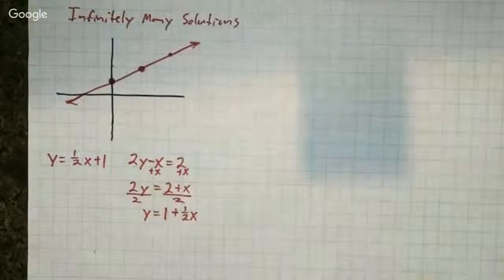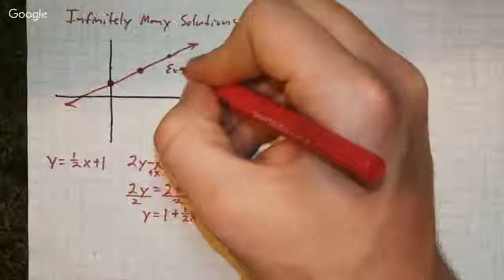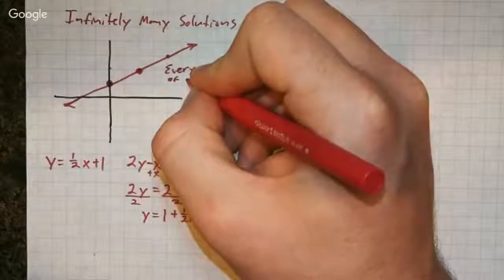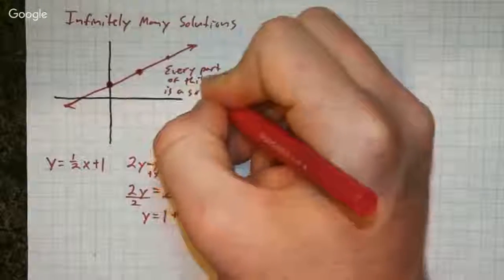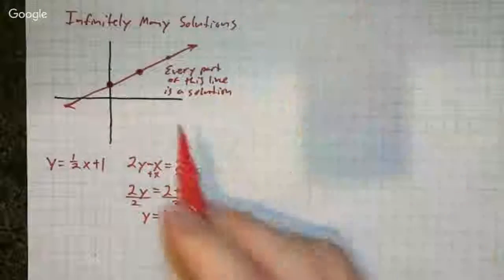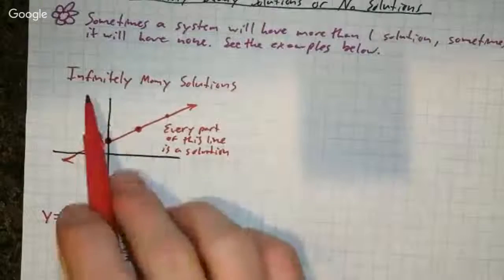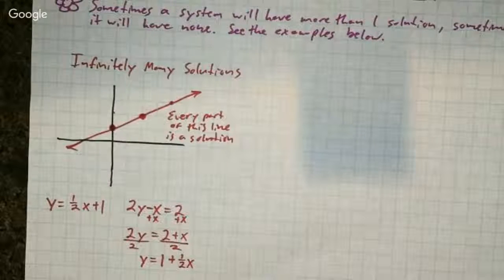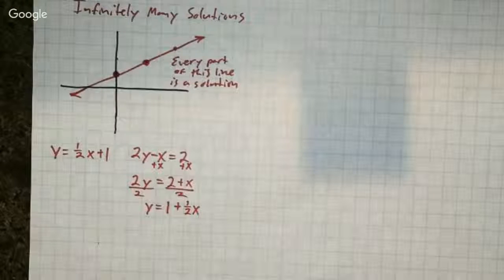And you can see it's the exact same equation. So every part of this line is a solution. Meaning, since this line goes on to infinity in both directions, there's an infinite amount of solutions. So that's how you see that there's an infinite amount of solutions.